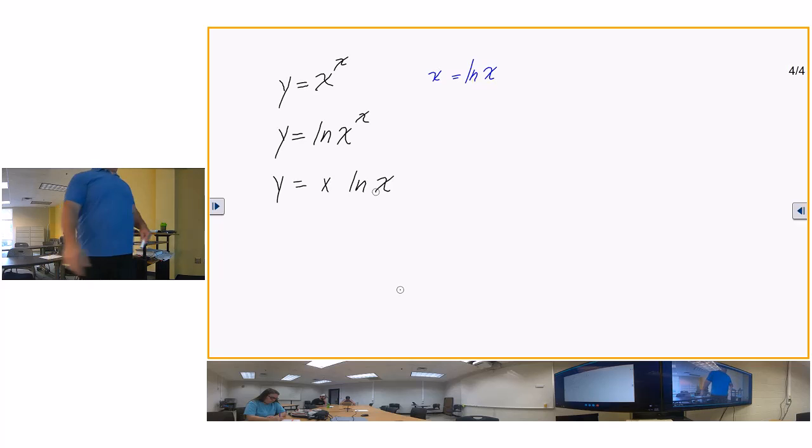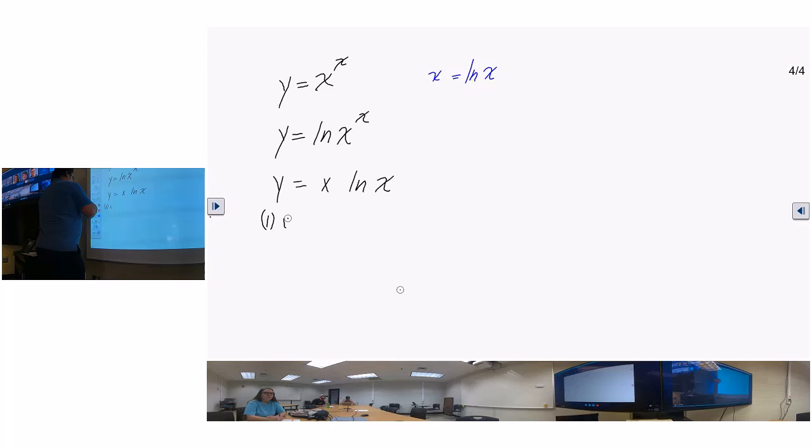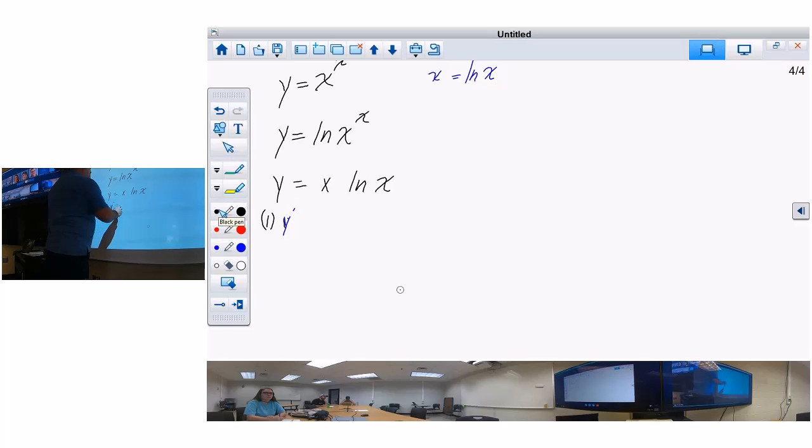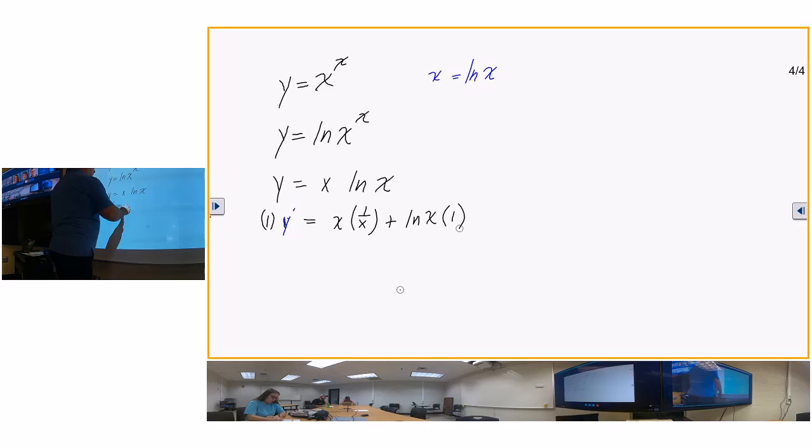What is the derivative of y? 1 times what? y prime is equal to first times the derivative of the second plus the second times the derivative of the first.